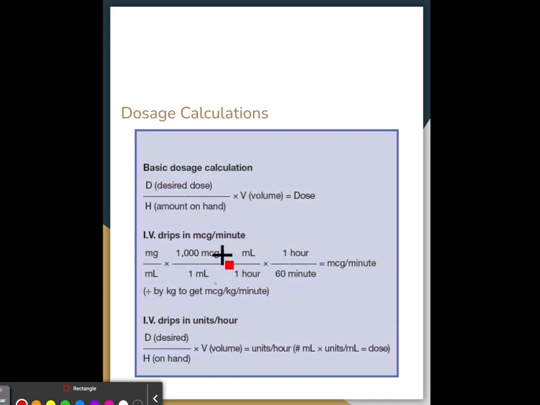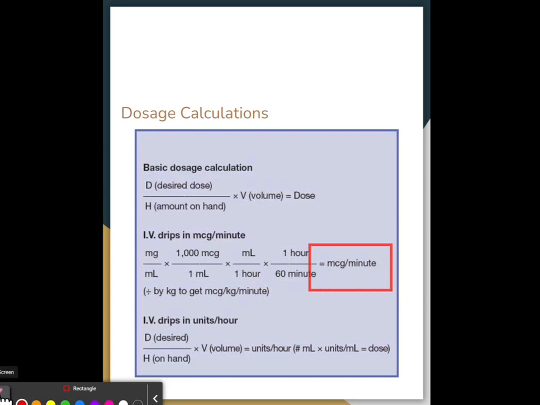I'm going to have to think through the units, starting with the number of milligrams per milliliter, and cancel units along the way until I get to the desired IV rate, which would ultimately be in micrograms per minute.